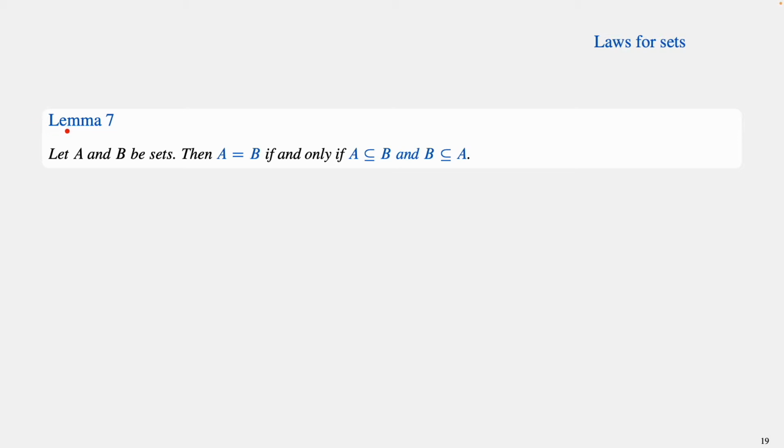So it's a helpful result, but not necessarily something that you would deem as of utmost importance in mathematics. And this one is a very straightforward statement. So if we have 2 sets A and B, then A being equal to B is equivalent to saying that A is a subset of B and B is a subset of A.